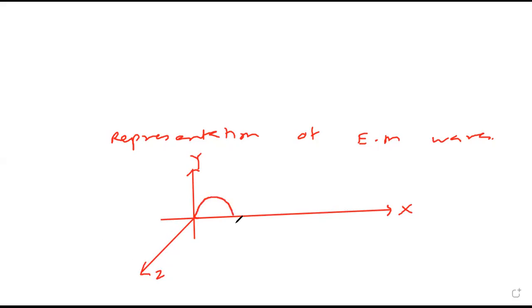Electric vectors, that means vibration of the charge, is taken along y-axis. So this is vibration producing electric field which is along y-axis and perpendicular to x.